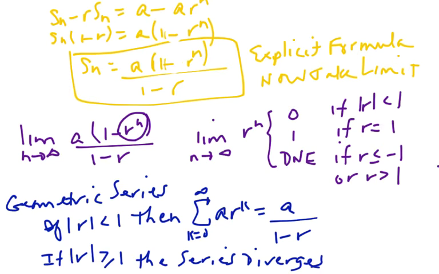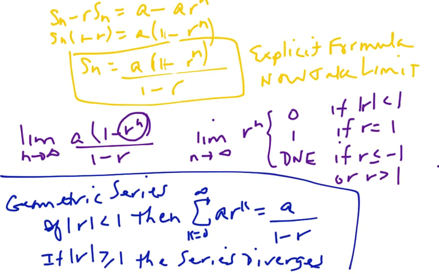So all the work in proving that boils down to this, which is what you really need to know right here: if you have a geometric series and the absolute value of r is less than 1, then it's going to converge to this value. If the absolute value of r is greater than or equal to 1, then it's going to diverge. And we'll work through examples in class.